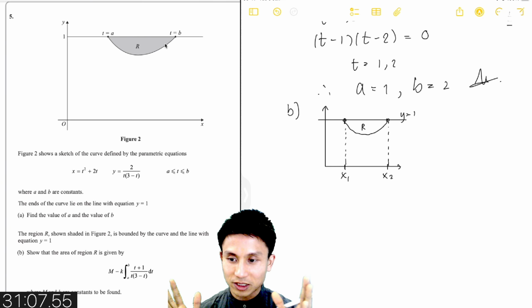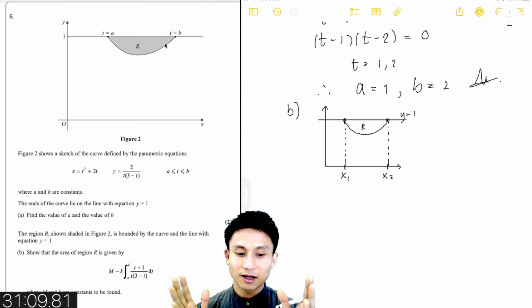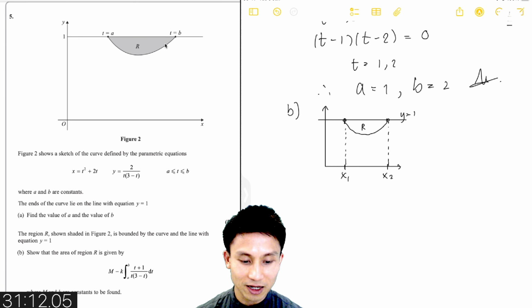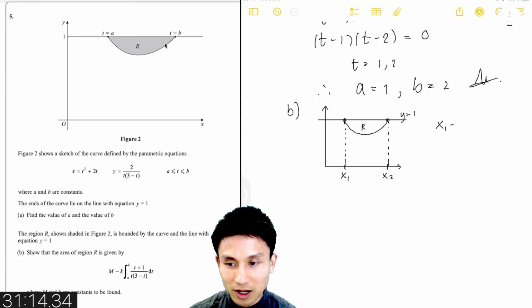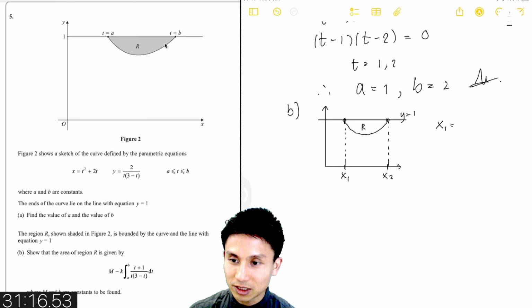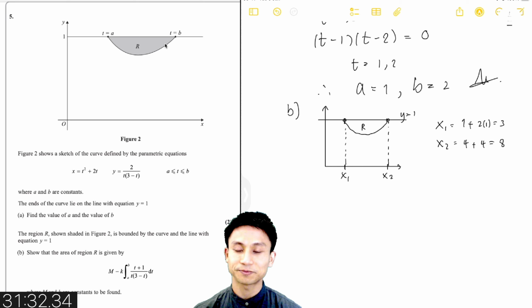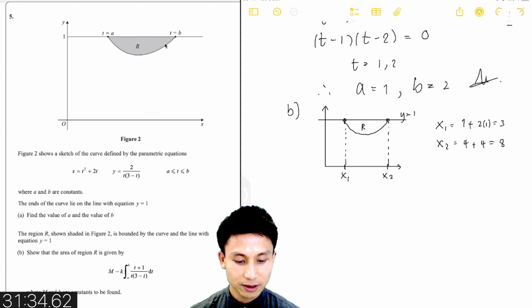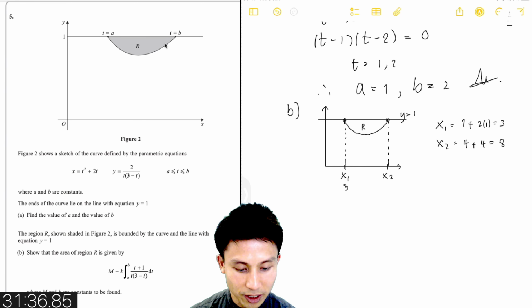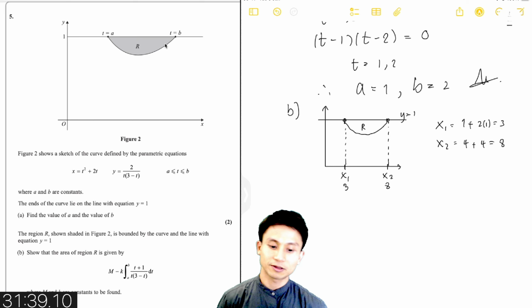So we put t as 1 and 2 in x to get the points. x1: put t as 1, so we get 1 plus 2 times 1, that is 3. x2: t is 2, t squared is 4, plus 2 times 2 is 4, so the other one is 8. So that is just 3 and 8 there.